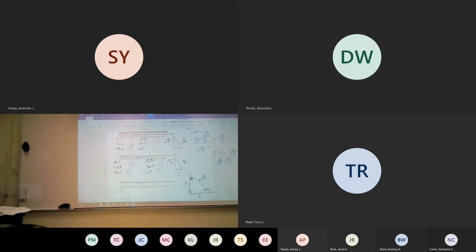Now 45, 45, 90. So the sine and the cosine are both going to be the same, right? So the sine of 45, cosine, tangent.